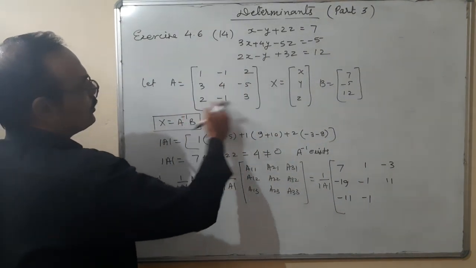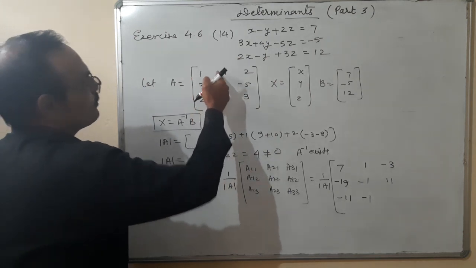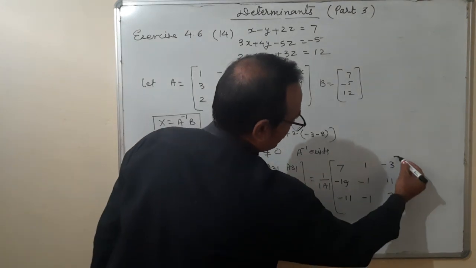And third row, third column: 4 plus 3, 7.